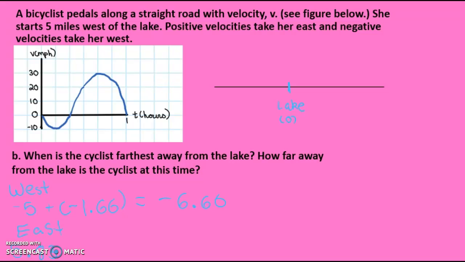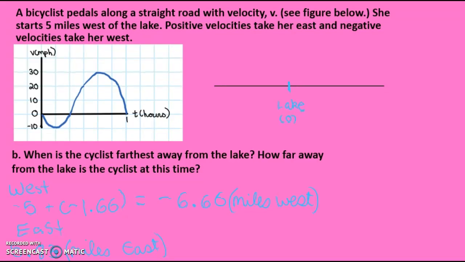So because we know that, we can say the cyclist moved, counting her initial position and her movements between t equals 0 and t equals 1/3 hour, to -6.66, or 6.66 miles to the west, or 5.83 miles to the east.